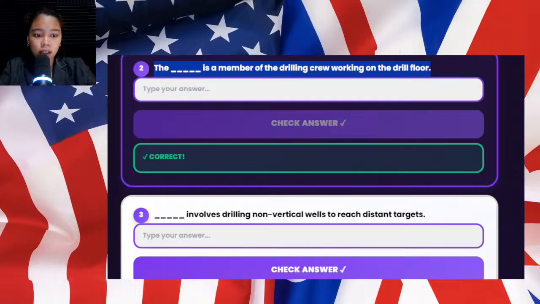That is the definition. Aside from that, we also learned that they handle drill pipe and operate equipment during drilling operations. They are skilled members of the drilling crew who perform the most physically demanding tasks on the drill floor of any oil rig or offshore platform.